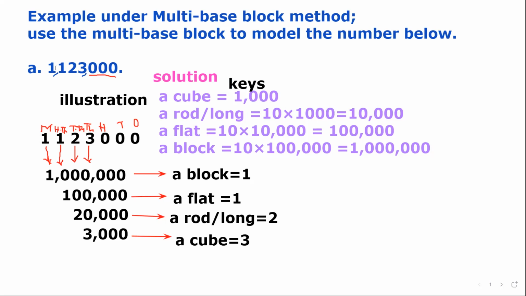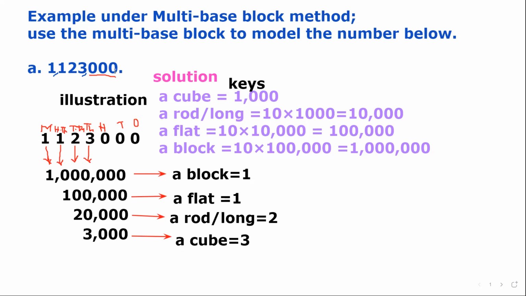As we said earlier, when the number quantity is given to you and the last digit is not 0, it ends with any other number, then a key will be used to represent 1. So the next rod will be the 1 times the 10. The next flat will be the rod times the 10. And then the block will be the flat times the 10. That will be in that order.